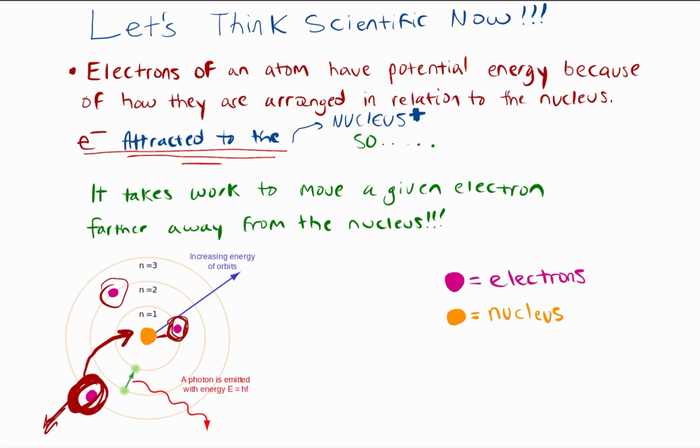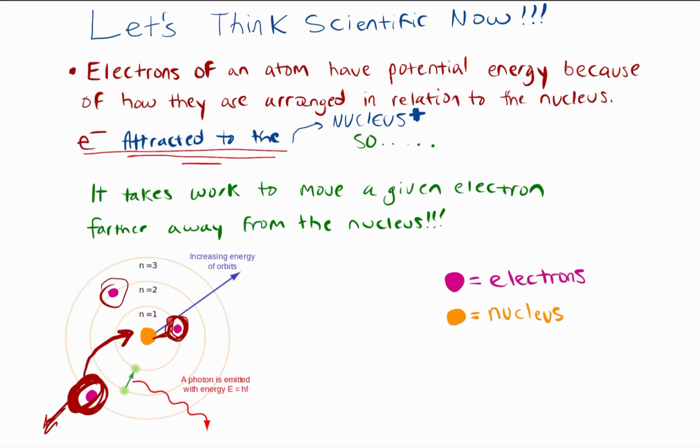As to this one, it's already so close to the nucleus, it's low energy. So the further away that electron is from the nucleus, the more potential energy it has. Again, potential energy, think of its location. The electron that's closer to the nucleus will have a lower potential energy, right?